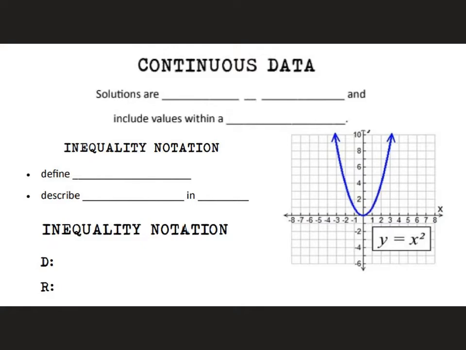So this looks kind of overwhelming. Remember, we talk about domain and range in a variety of different ways, or we have been. All right, so when we talk about continuous data, we talk about solutions that are along a continuum.